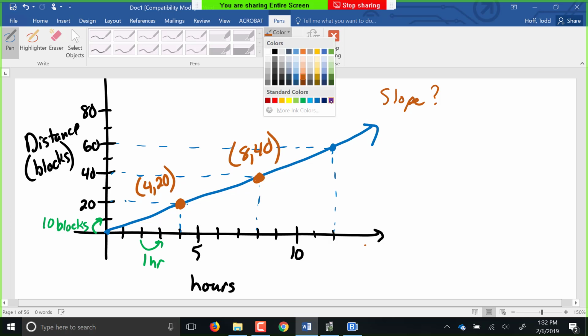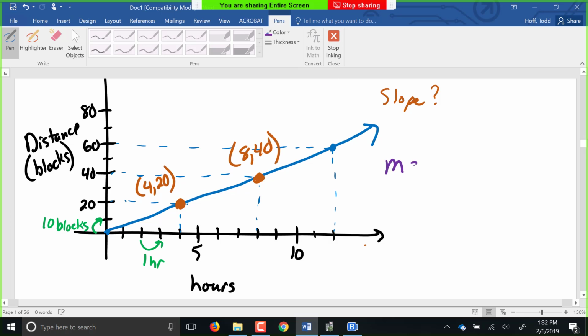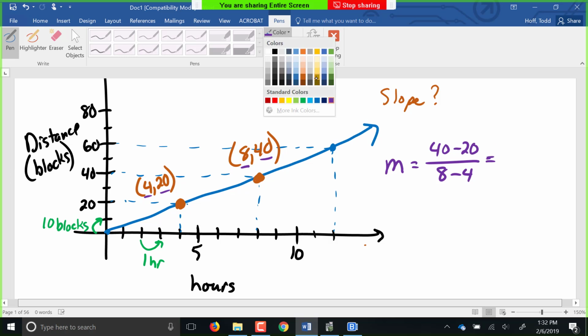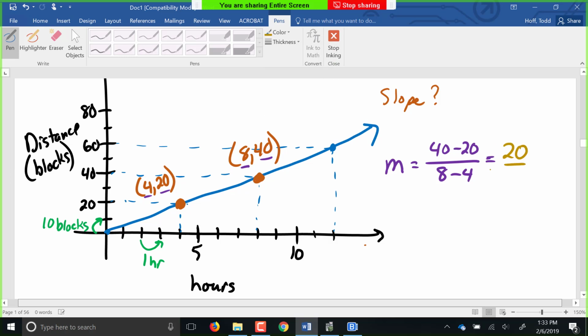So to find our slope, it is y2 minus y1, 40 minus 20, over x2 minus x1, 8 minus 4. 40 minus 20 is 20. 8 minus 4 is 4.